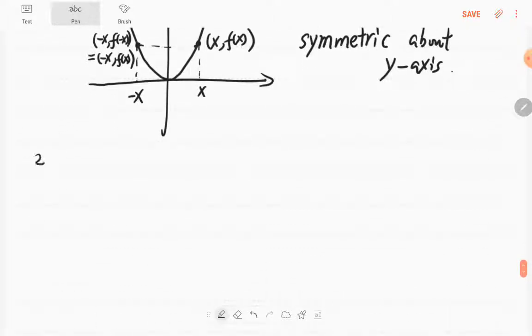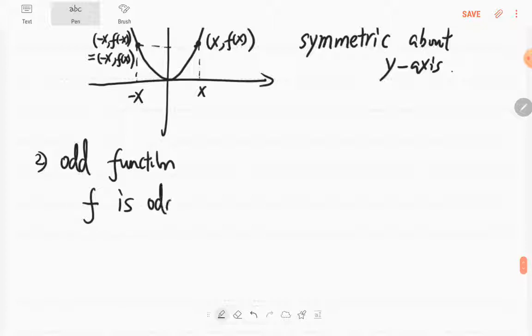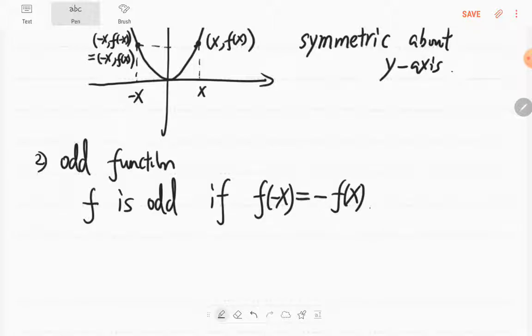And odd function: we say a function is odd if f of negative x is equal to negative f of x. In other words, if x, y is on the graph, then if you replace x with negative x, the output must be negative y.